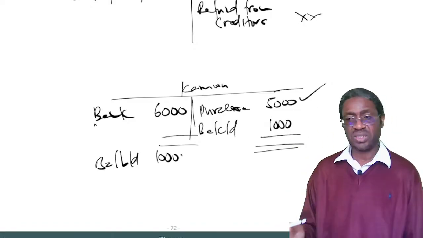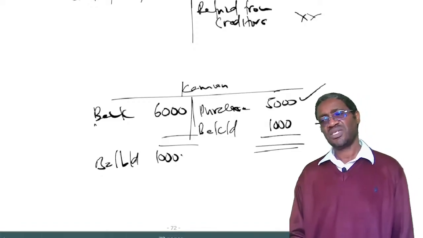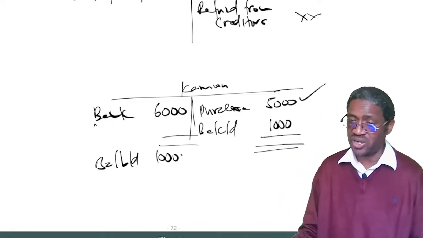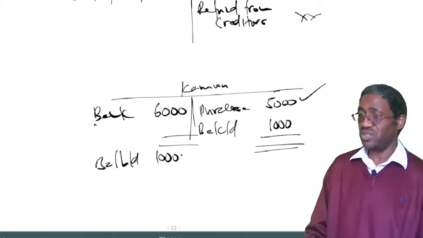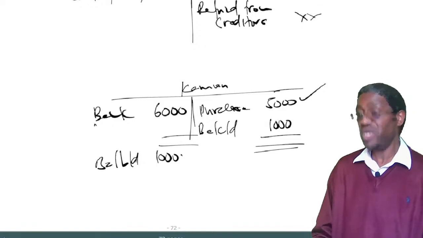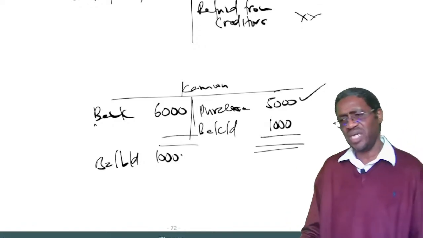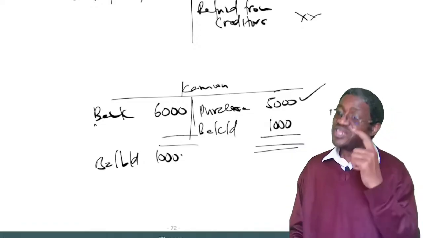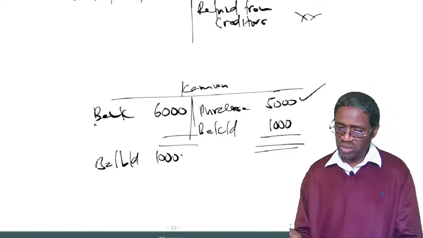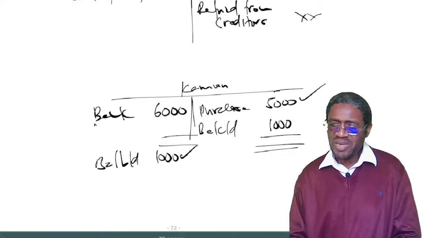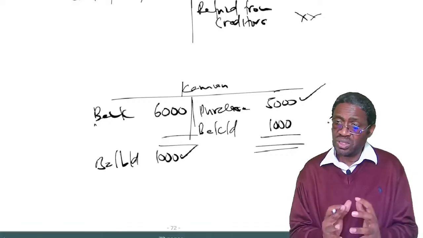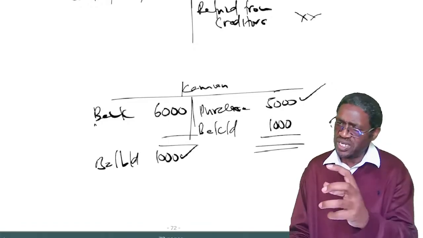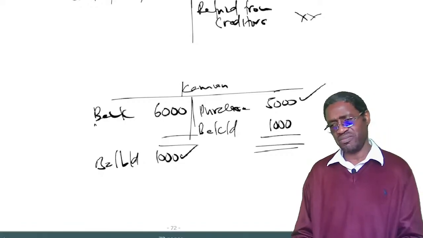Anytime you as a business overpay your creditors, though it's rare, but it may happen out of your many creditors, maybe there is one you overpaid. When you overpay your creditors, their account will be a debit balance, meaning it's an asset. You are demanding from them now, having overpaid them.